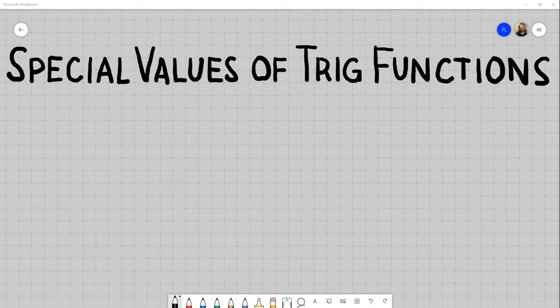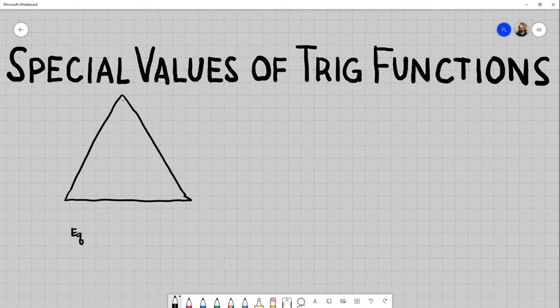They come from two very special triangles, learning about right triangle trigonometry. The first of which is what's called an equilateral triangle, one in which all of the sides have the same length. So again, this is an equilateral triangle.